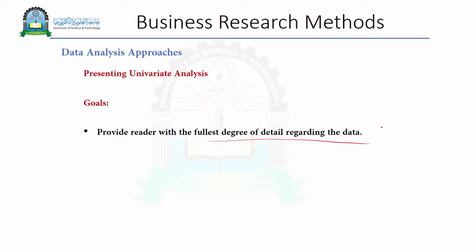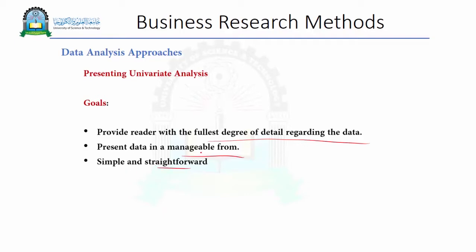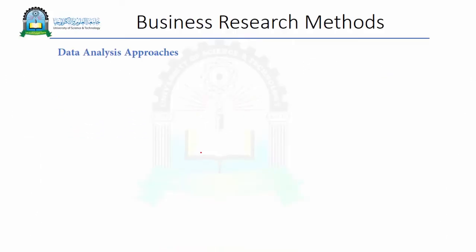So, to have a full degree of detail regarding the data, screening the data, demographics or whatever characteristics the population has must be in this type of analysis. Present data in a manageable and clear form, also simple and straightforward. One of the goals for univariate is to make it simple and straightforward.